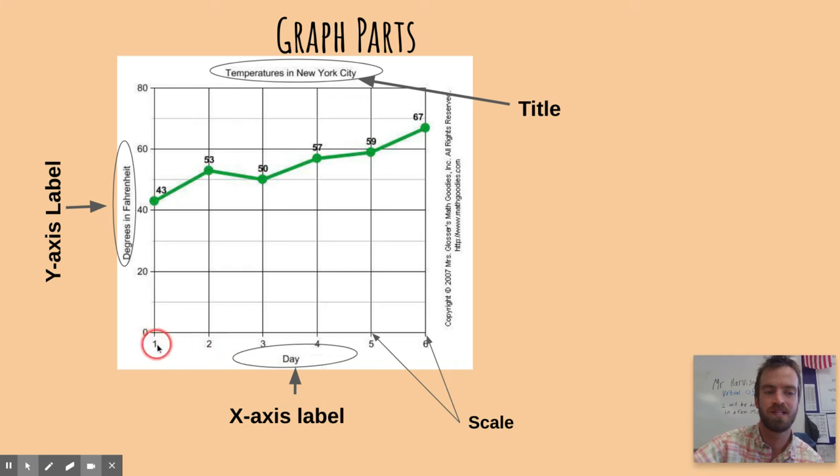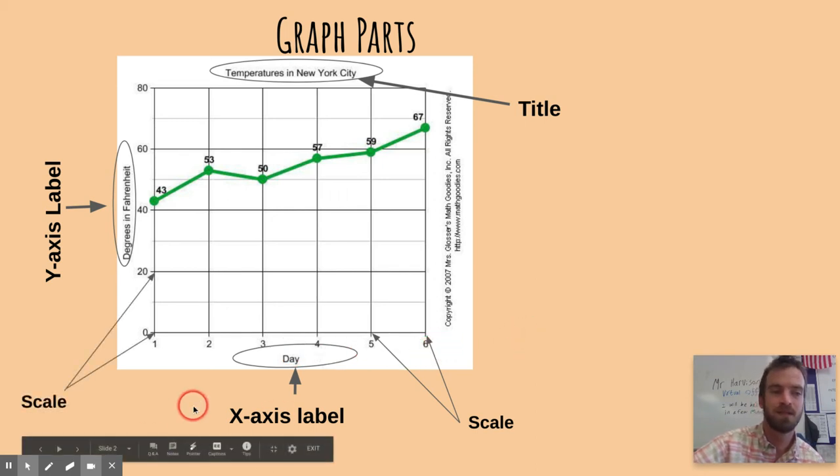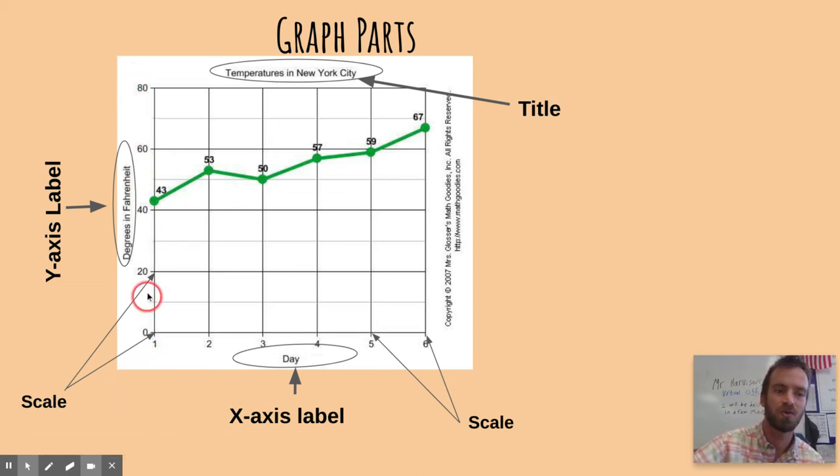You can clearly see that this graph is representing 6 different days, and it's labeled well, and it has an appropriate scale. The scale on the y-axis goes all the way from 0 to 80 in total. So instead of going 1, 2, 3, 4, 5, and so on up to 20, they just put a scale of 0 and 20. And that makes it much easier to read. So this is a good scale.